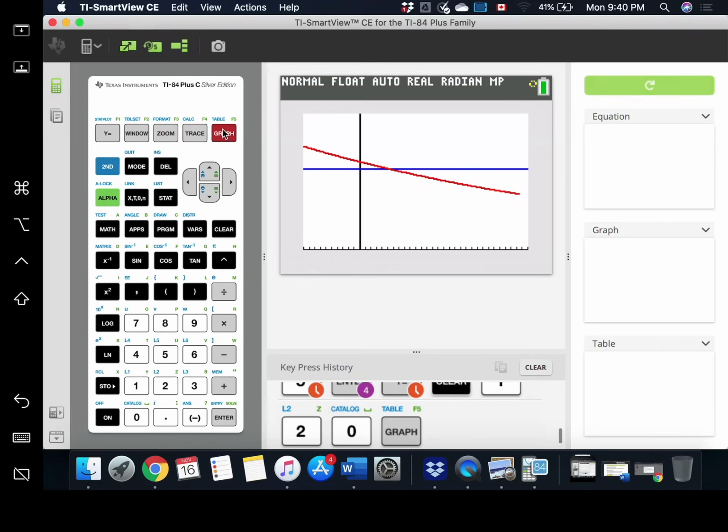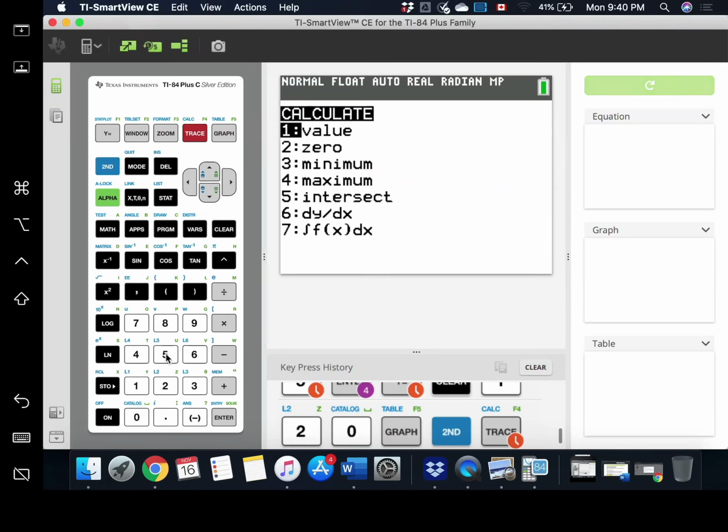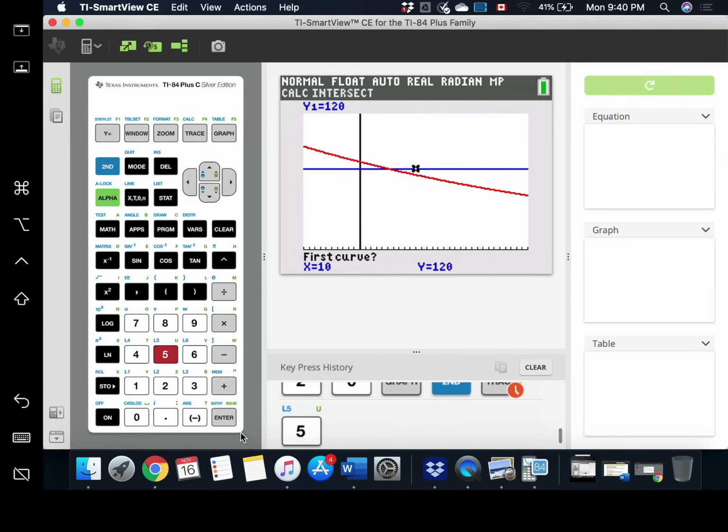Okay, so we can see that there's an intersection between my blue and my red. So now it's just about finding that intersection, and the buttons that I press are always consistent. Press second trace, number 5. Press enter, enter, enter.